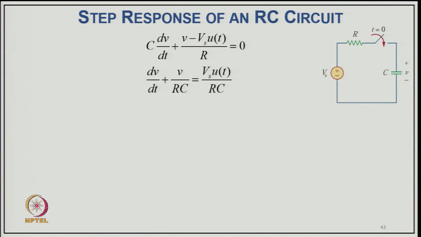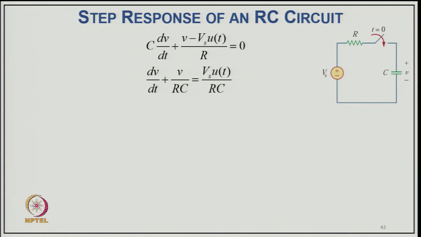It is like closing with the unit response function. Because the voltage across the capacitor can be defined as a variable V, the current is C dV by dt, plus V minus Vs u(t) divided by R, the current through the resistance.